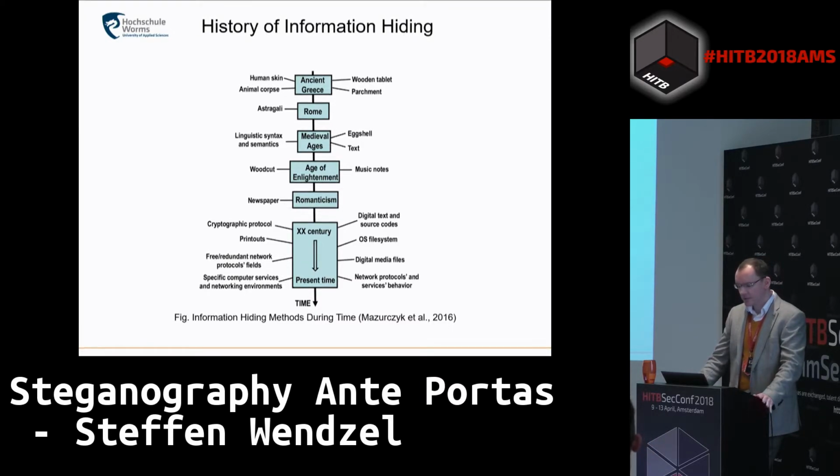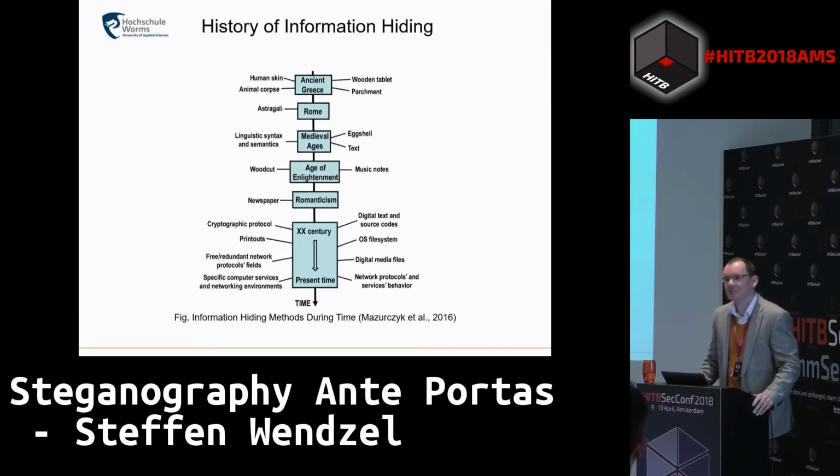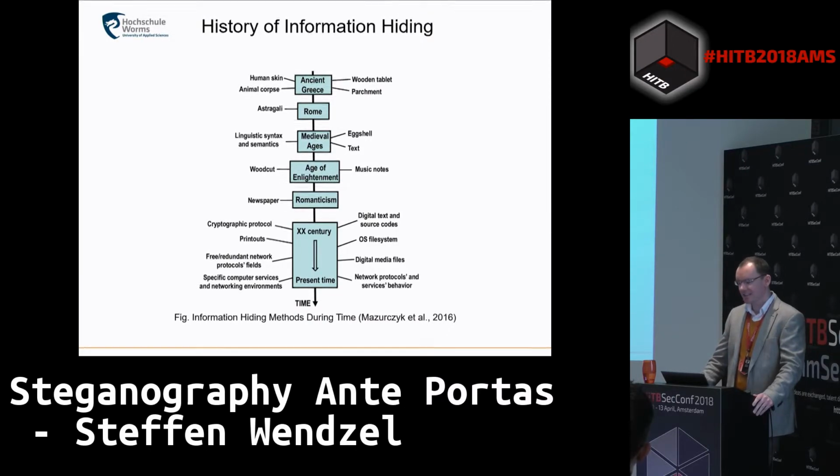But in the 1980s, that started to become digital. People started to hide data in image files and audio files and so on. And then in the late 80s, the first approaches were published where data was actually hidden in network transmissions.